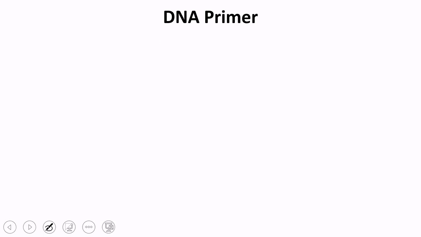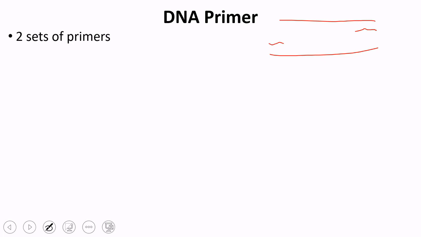Then, when we are talking about the DNA polymerase, primer selection and primer designing is one of the most tedious and most important jobs in the PCR. First we require 2 sets of primers for both strands of DNA, because we have 2 strands, and for both strands we require a specific primer. Generally we require primers roughly 20 to 30 nucleotides long. A primer should not be very small, or it can hybridize at random places of the DNA.